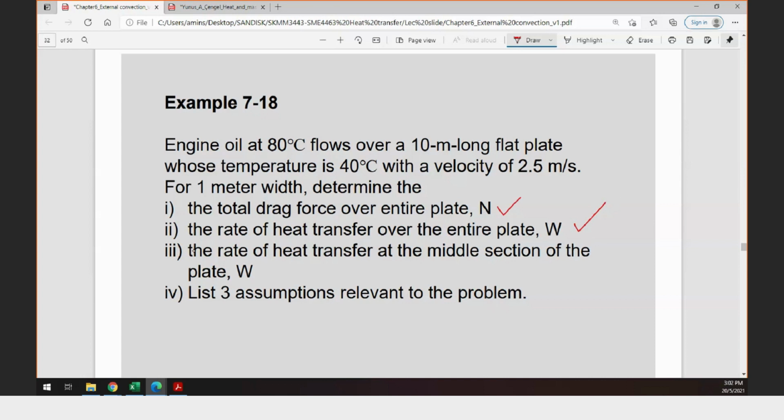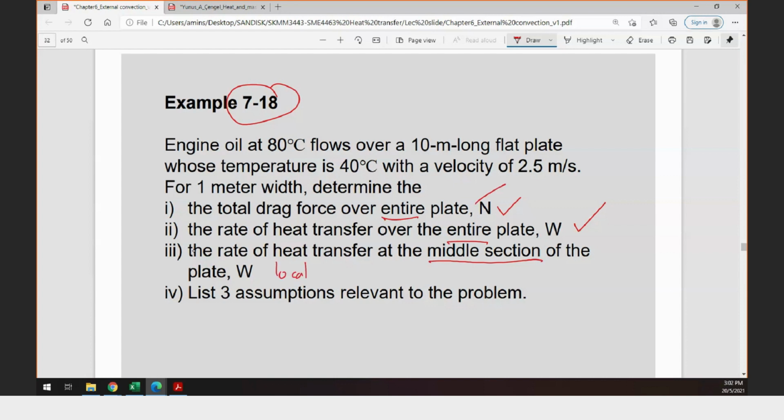This one is example 7.18, same as in your textbook. It's an exercise from the textbook, not an example. This is the entire plate, and this is a local middle section, so this is local.